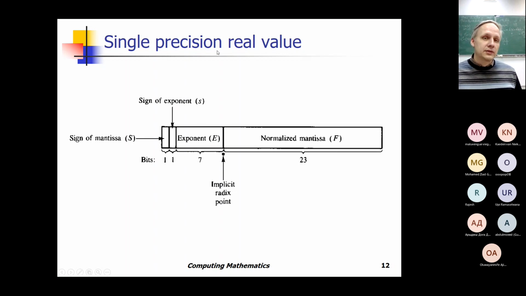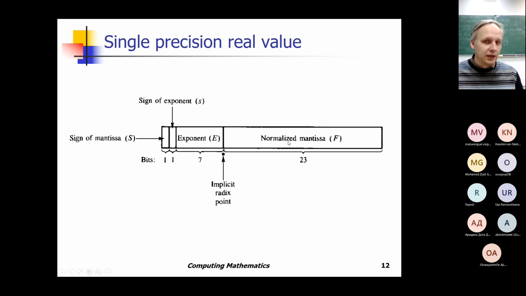So for the single precision real value, any real number can be stored with a precision not greater than 23 binary digits. Yes, 23 bits.